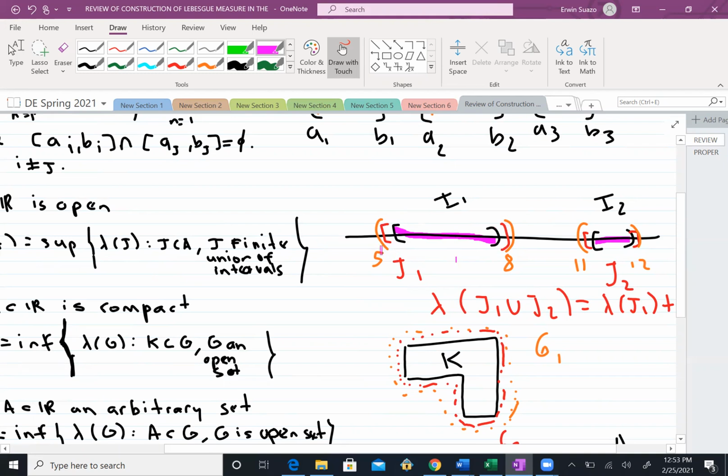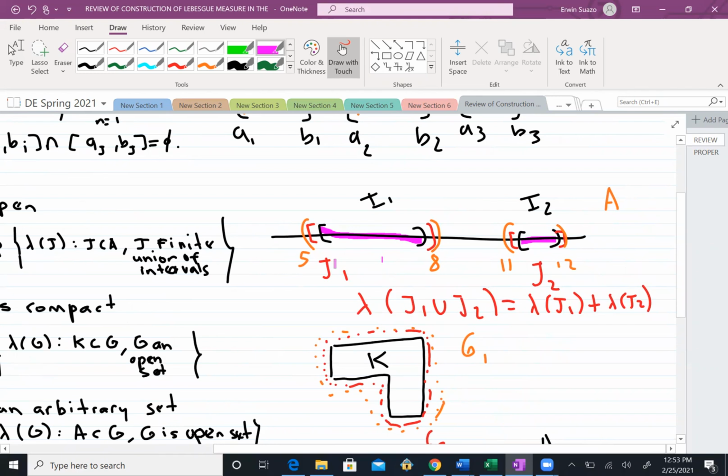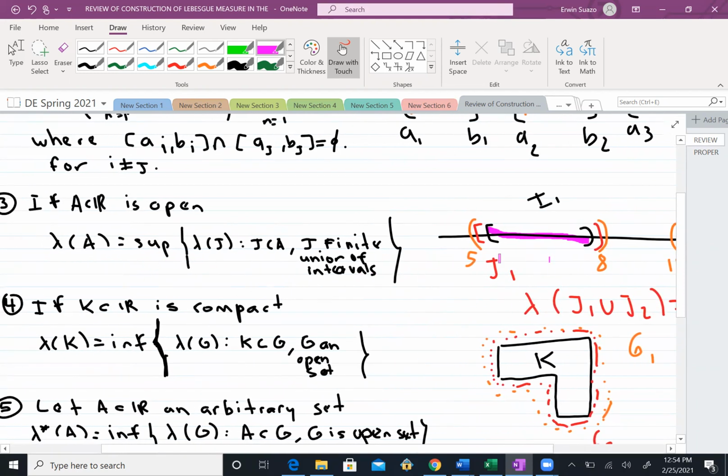So maybe that one is 5.1, and this is 7.9. So 7.9 minus 5.1, and then 11.9 minus 11.1, right? So that will be J1 and J2. So to find the Lebesgue measure, you just make the sum because they're disjoint, right? So that's how you had to do the process, right?